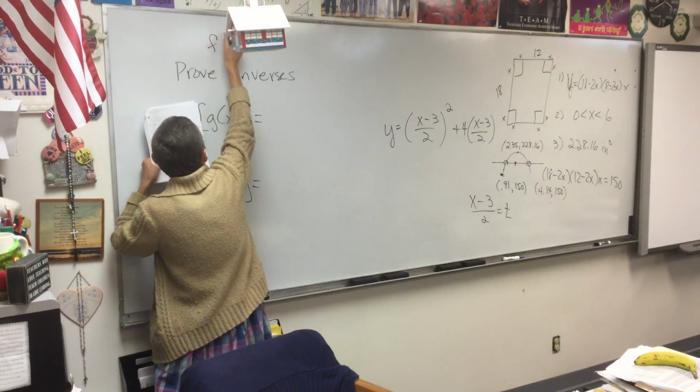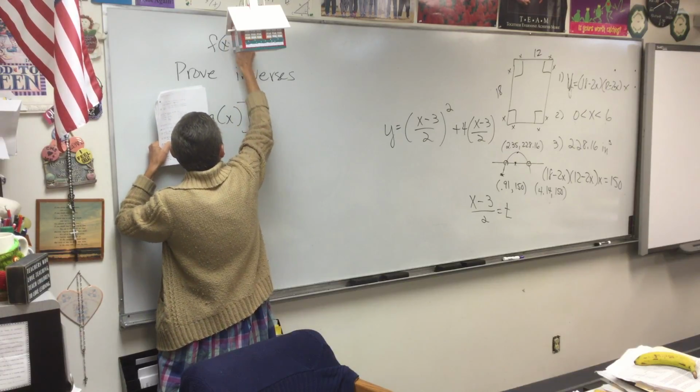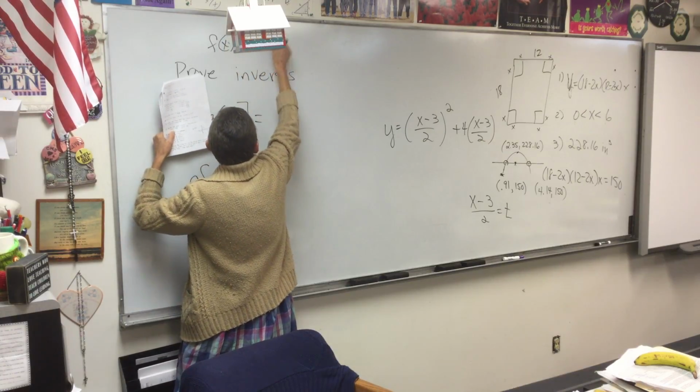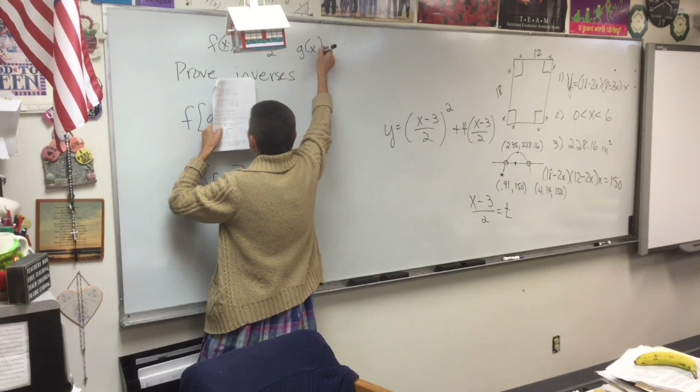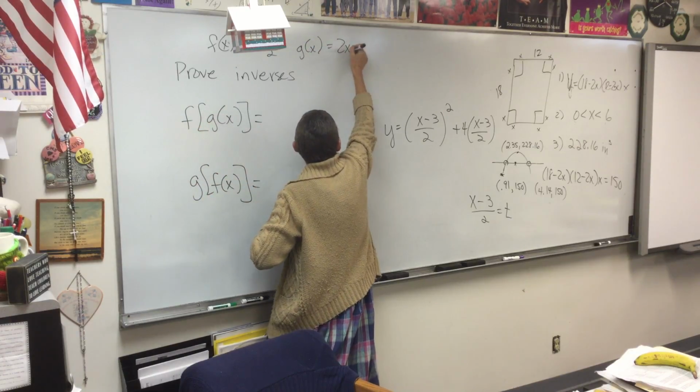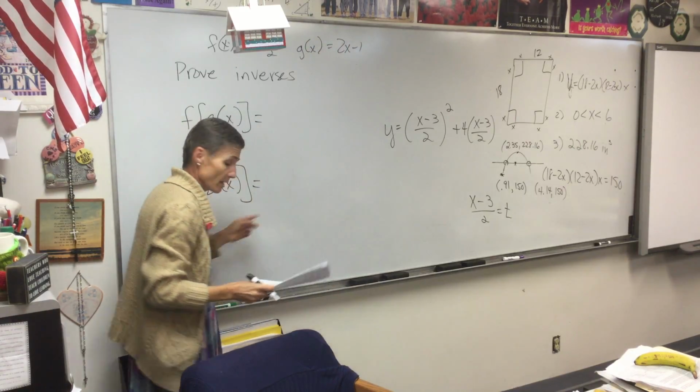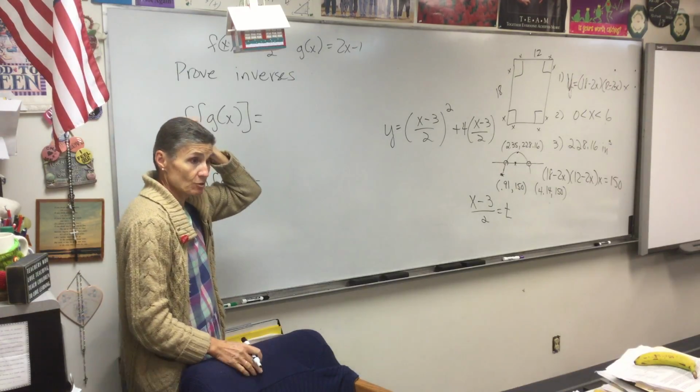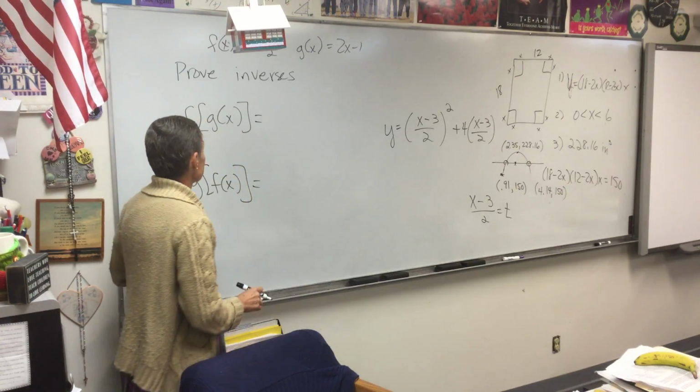So, F is (x plus 1) over 2, and G is 2x minus 1. So I'm going to make these two compositions, and if they work out, the answer is yes, they're inverses, and if they don't, it's no, they're not.